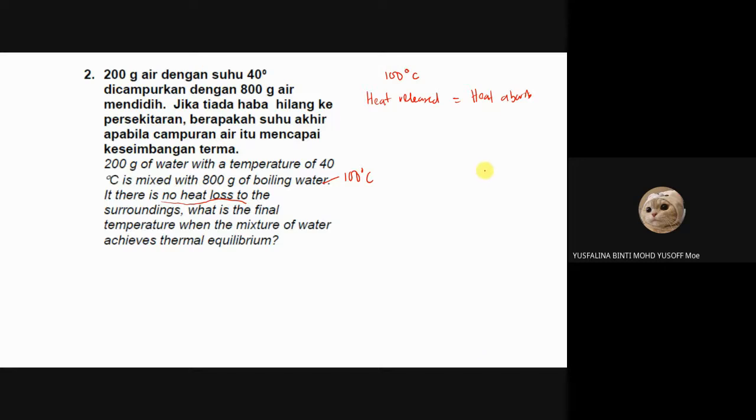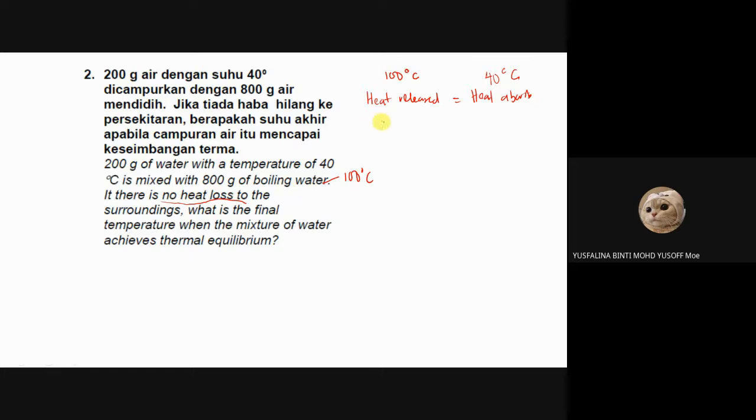How about the heat absorbed? The one that absorbs the heat is the 40 degrees Celsius. So we assume that the amount of heat released is equal to the amount of heat absorbed, because it's already mentioned here there is no heat loss.